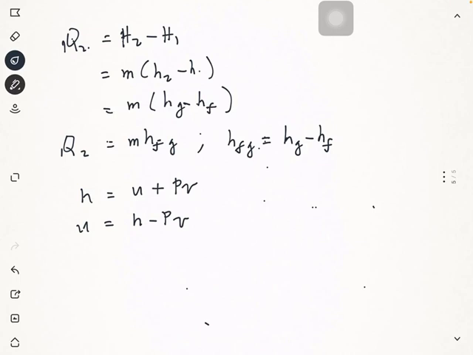So in terms of saturated liquid, we have uf equals hf minus P vf. And ug here is hg minus P vg.